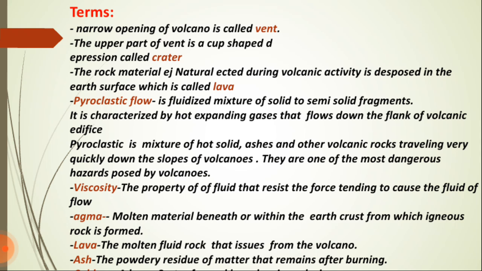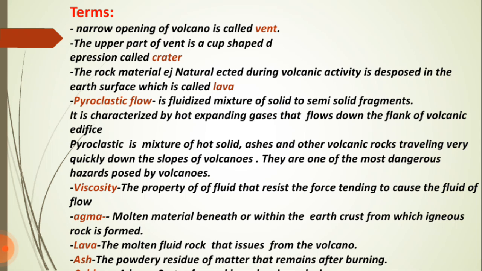Next is viscosity, the property of a fluid that resists the force tending to cause the fluid to flow is called viscosity. Magma is molten material beneath or within the earth crust from which igneous rock is formed.